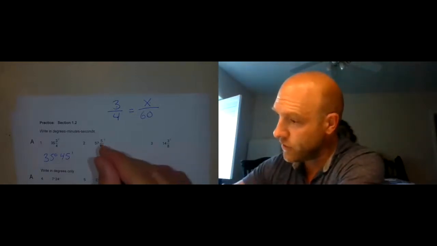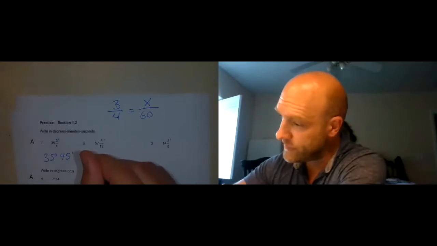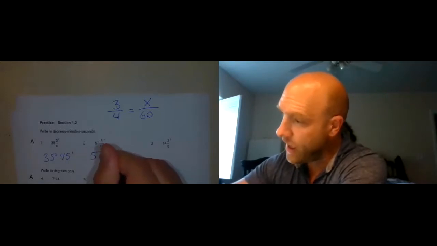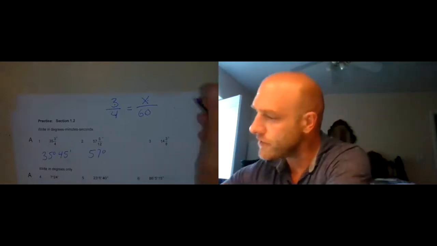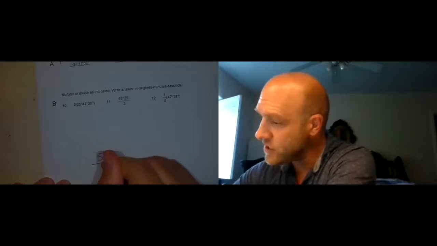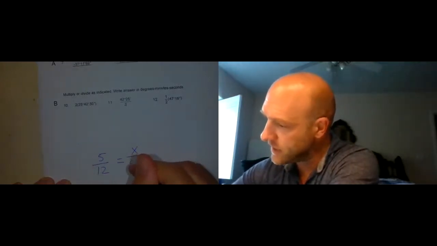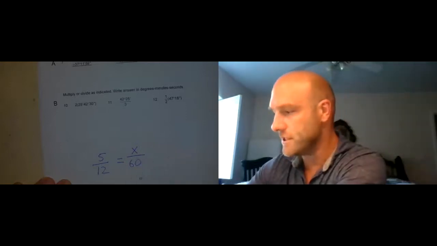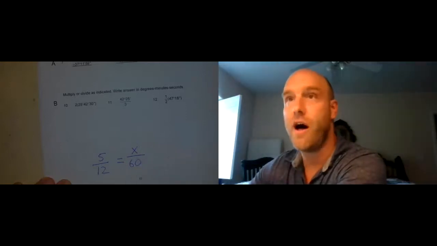Okay, so 57 degrees, 57 full degrees, and 5/12 of a degree. I'm going to give it the same treatment. Maybe I'll go down here at the bottom. 5/12 is how many 60ths? To go from 12 to 60, I multiply by 5.